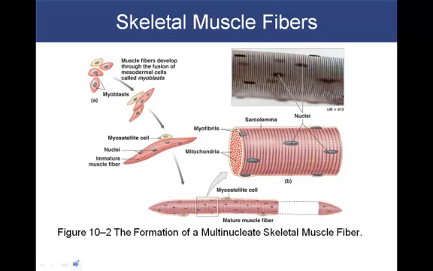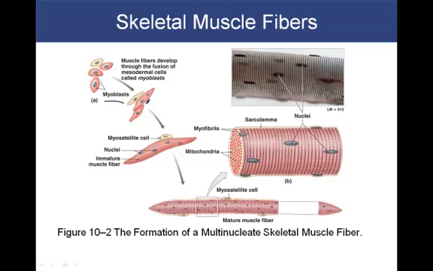Let's look at a diagram, this is figure 10.2. And again, we start out up here with these myoblasts, these individual immature muscle cells. And these myoblasts begin to fuse. Here we see the fusion of two cells, two myoblasts.